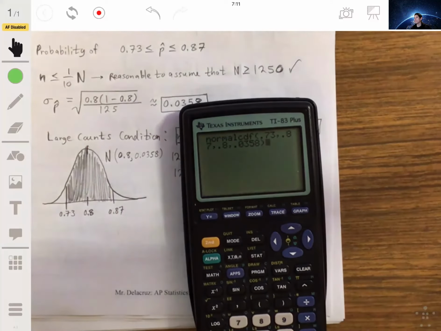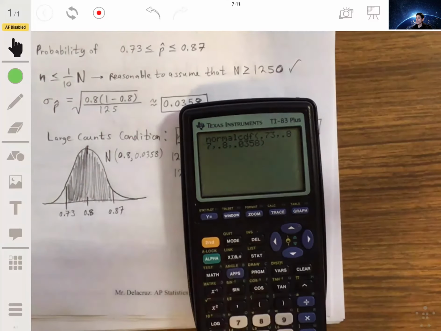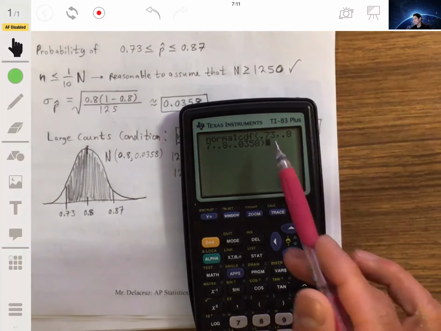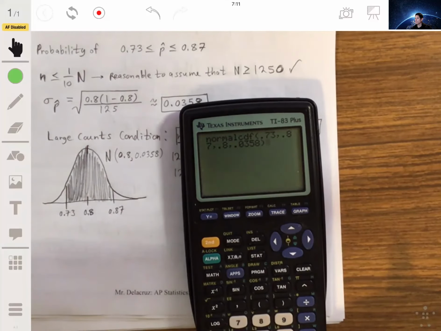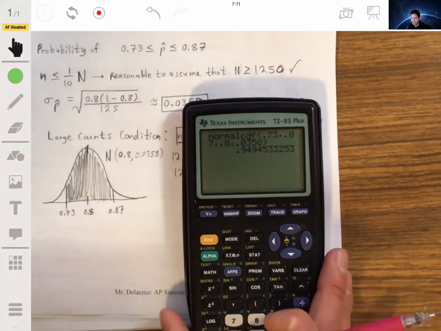Some more advanced calculators have it listed, really simple, but this is the syntax for it. So make sure you memorize it if you don't have one of those calculators that makes it nice and easy for you. We run this and we would get a probability of about 0.946.